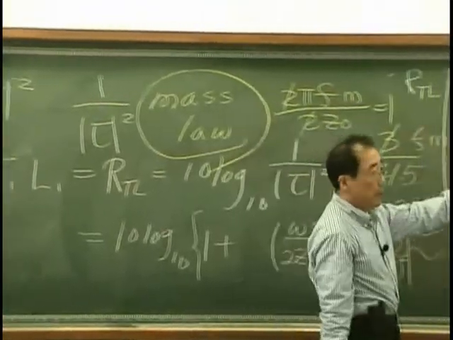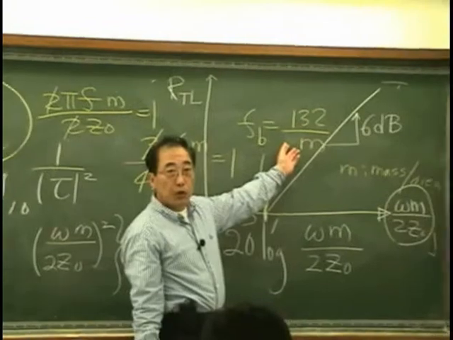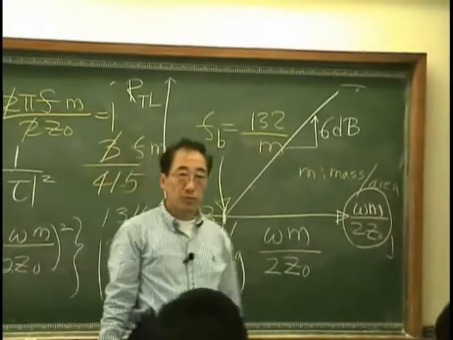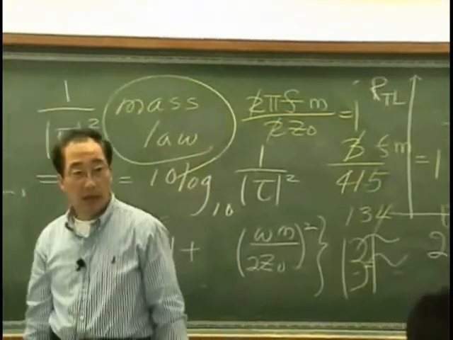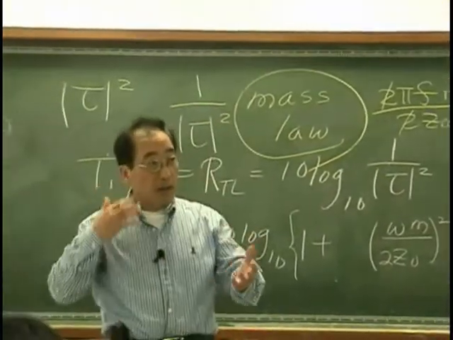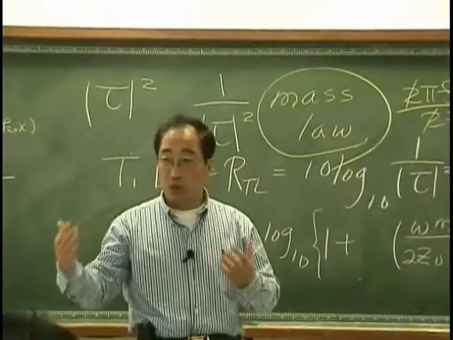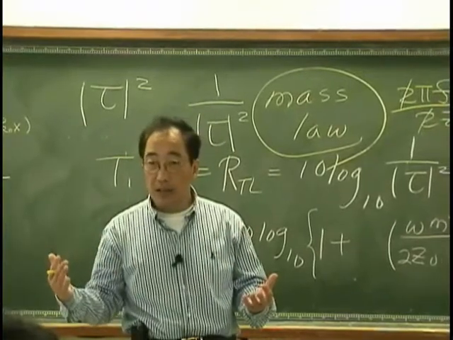What you remember is the magic number 132. Then you can get the blocked frequency, and then you can estimate how much transmission loss we will get.